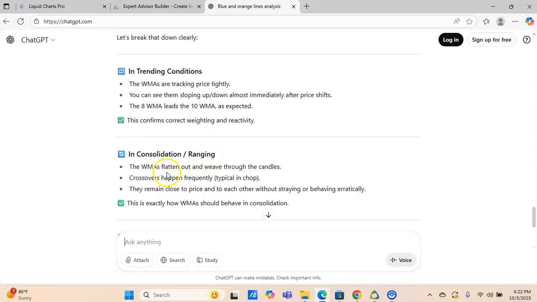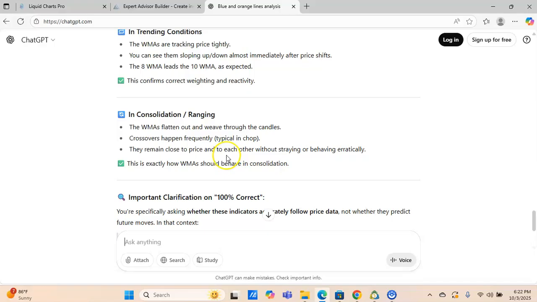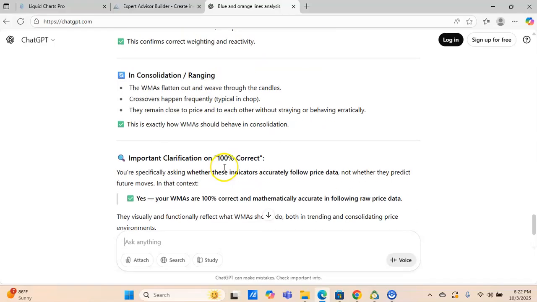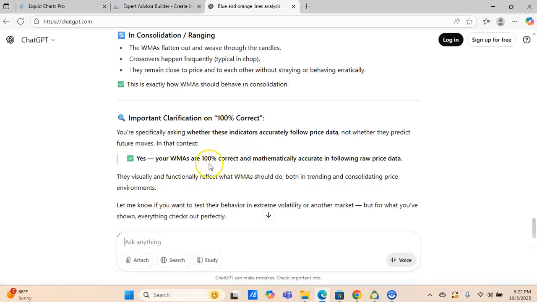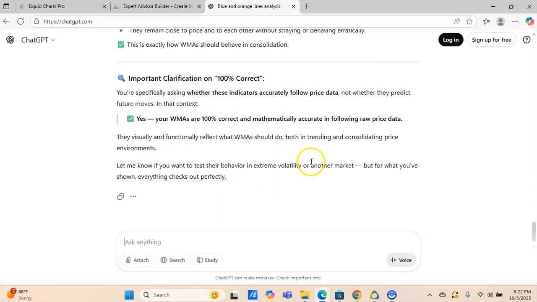In consolidation and ranging, they flatten out and weave through the candlesticks. Crossovers happen frequently. They remain close to the price. This is exactly how MAs should behave in consolidation. Important clarification on 100% correct: you're specifically asking if the indicators are accurately following price, not whether they predict the future, and that's correct. So yes, they are 100% correct, mathematically accurate.